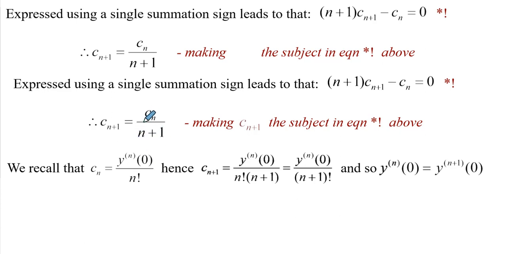We get the nth order differential coefficient of y evaluated at 0, divided by n factorial, multiplied by this 1 over n plus 1, which is actually defining n plus 1 factorial, because that will result in n plus 1 factorial.